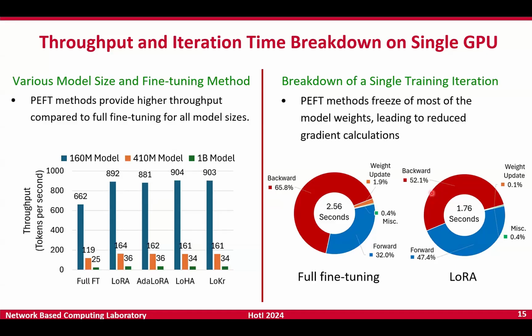Compared to full fine-tuning, LoRA has a lower backward pass time. So this is the reason why full fine-tuning has low throughput. Okay, next slide.